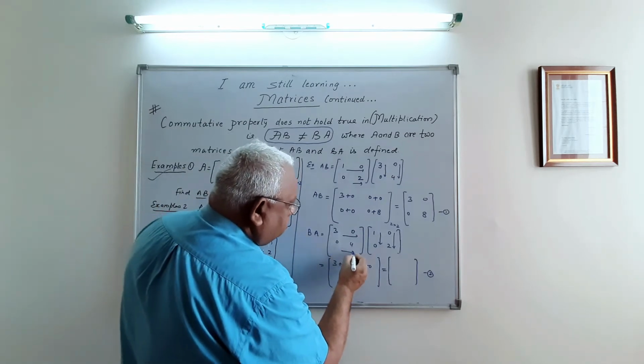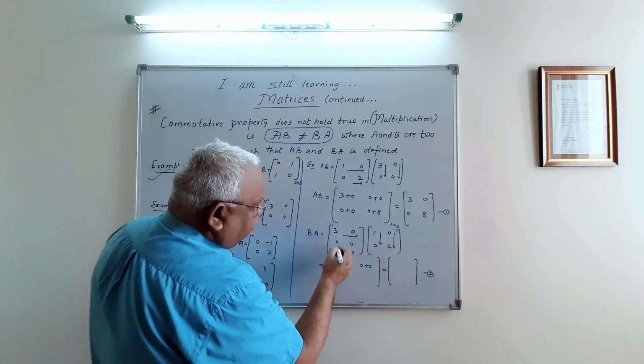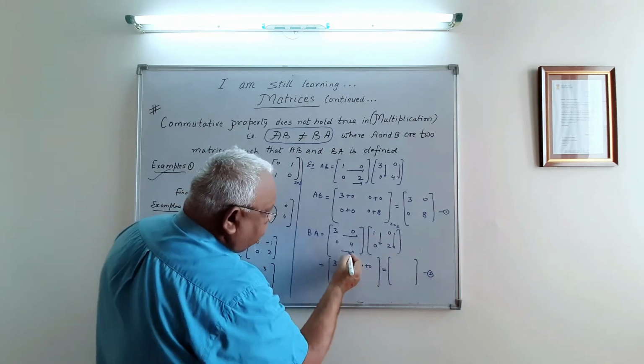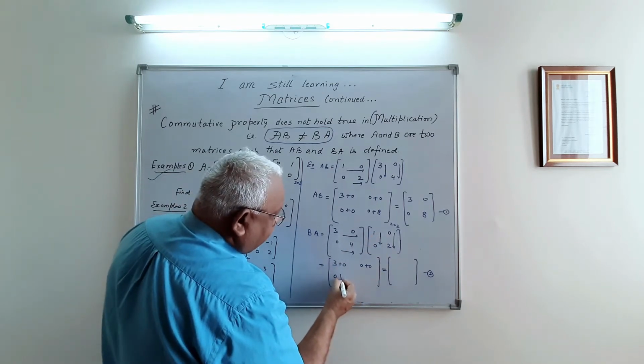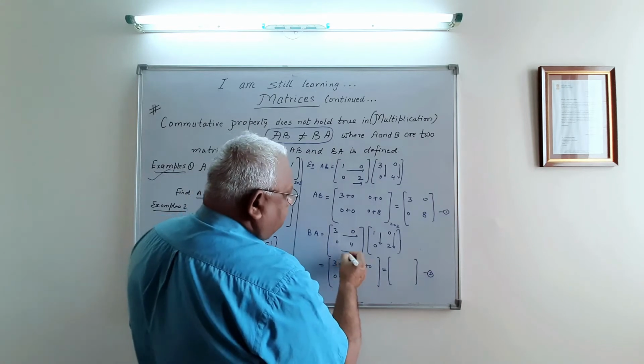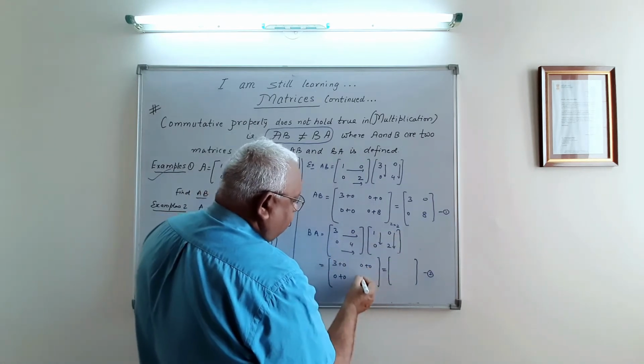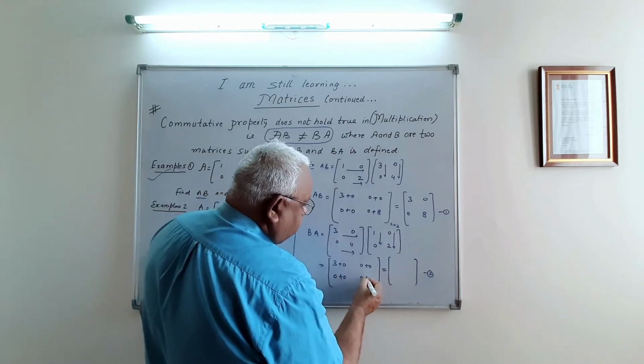Second row, first column: 0 into 1 is 0, 4 into 0 is also 0. Then second row, second column: 0 into 0 is 0, 4 2s are 8.